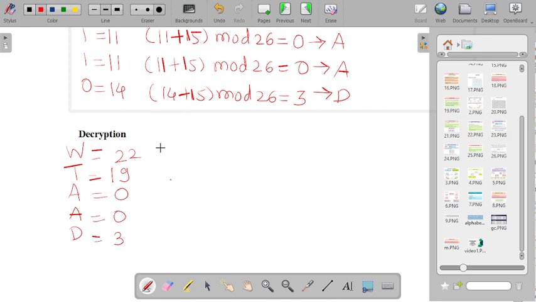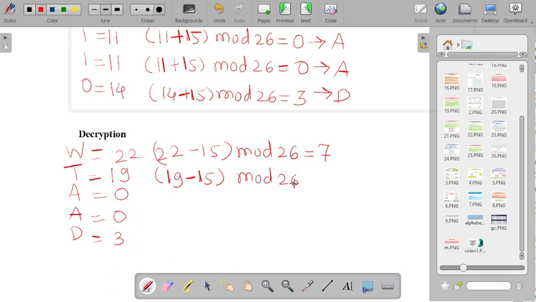As per the formula, we need to subtract 15 from each number and calculate the mod of 26. So 22 minus 15 is 7, and 7 mod 26 is equal to 7. Then again 19 minus 15, we get the value 4, and 4 mod 26 is 4. For 0, we take 0 minus 15 mod 26. How do we solve this?